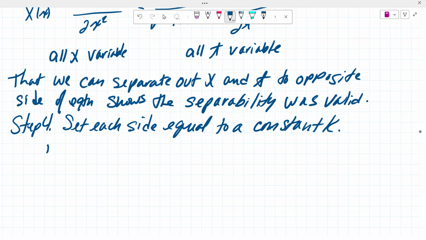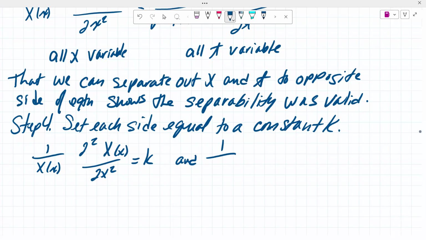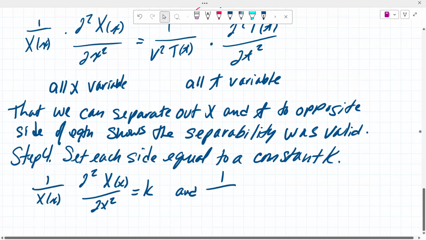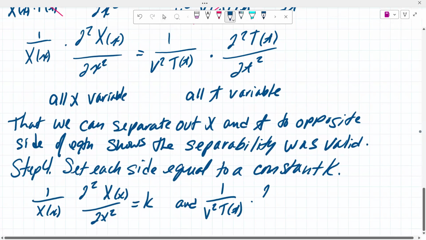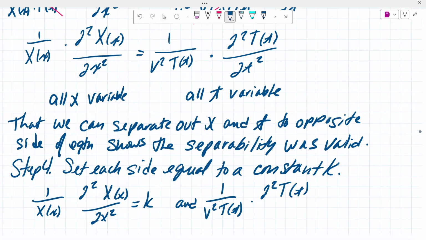So we're going to have 1 over X of x times d squared X of x over dx squared equals k, and 1 over, I'm just pulling along from what's up here, v squared T of t times d squared T of t over dt squared equals k.